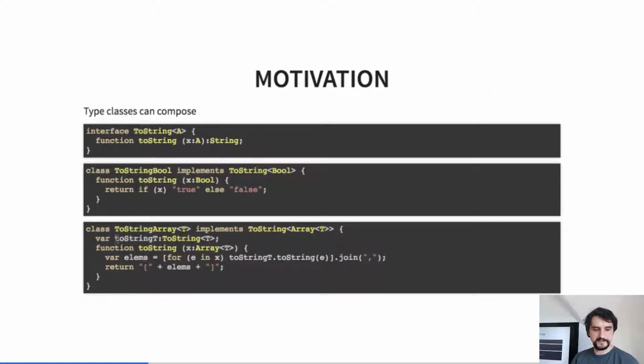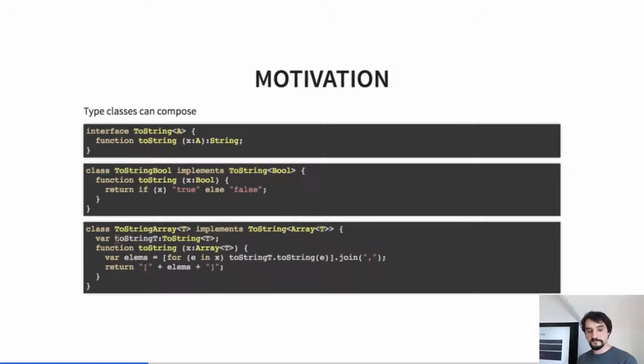Okay. This is another very important point, that type classes compose. As you can see in this example, you have a simple toString trait or type class, a data structure, and a conversion function to convert a data structure to a string.